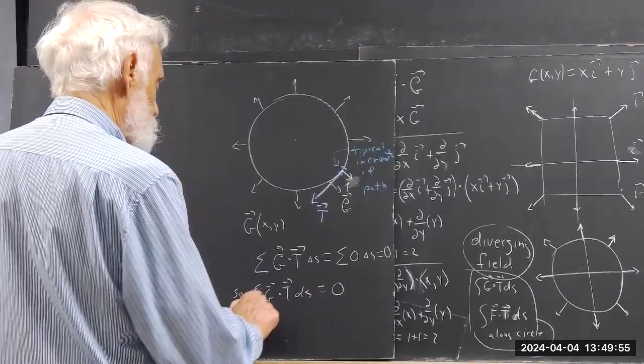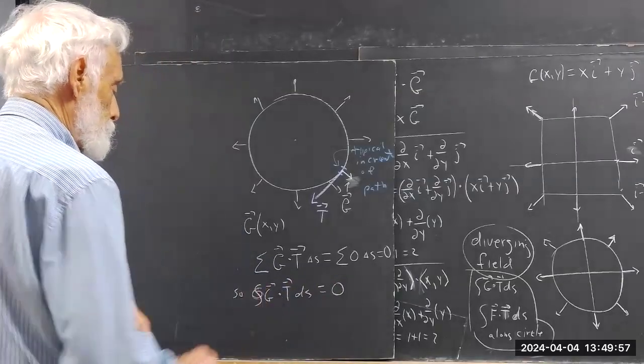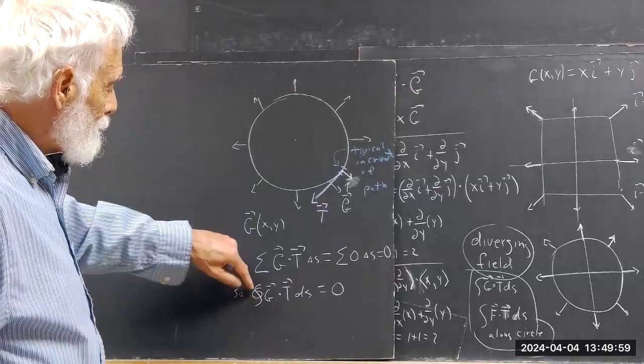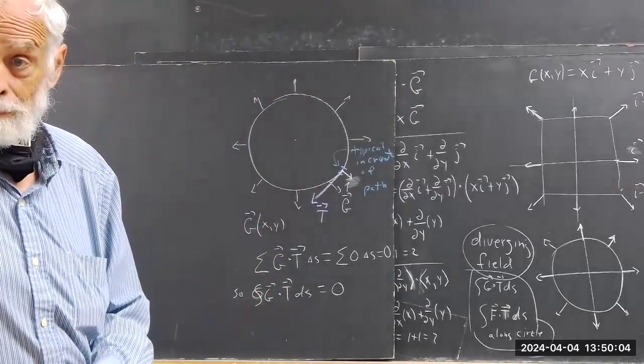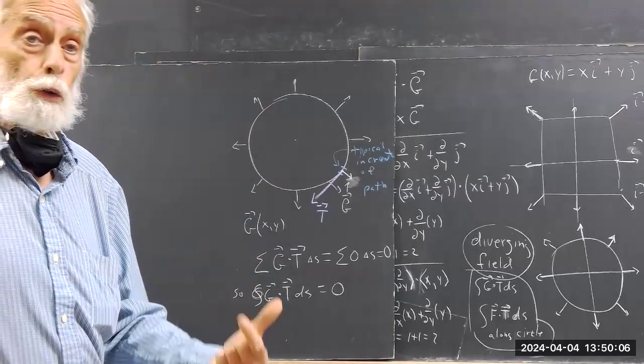I'll put a little circle on the integral sign; that means you go all the way around the path and end up where you started. It means a closed path.